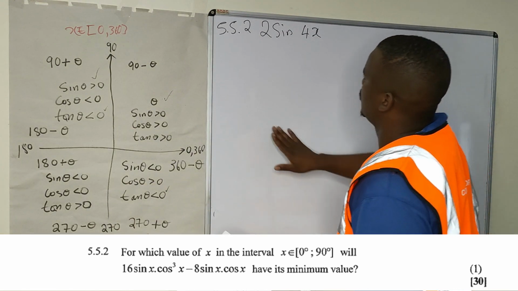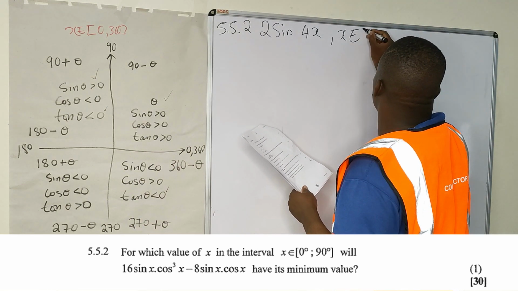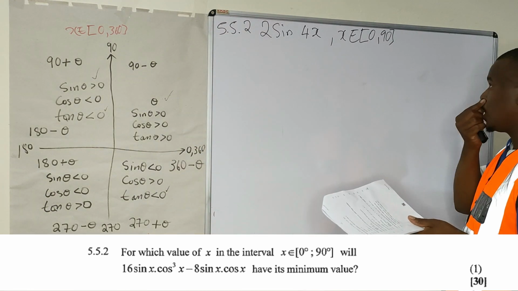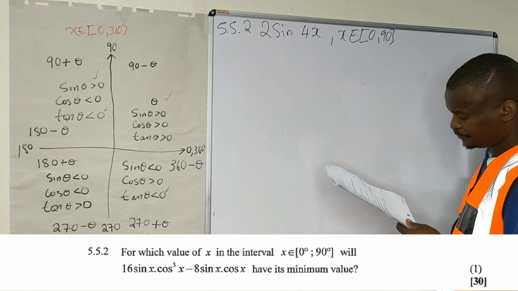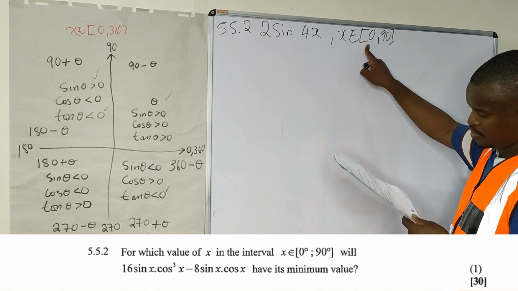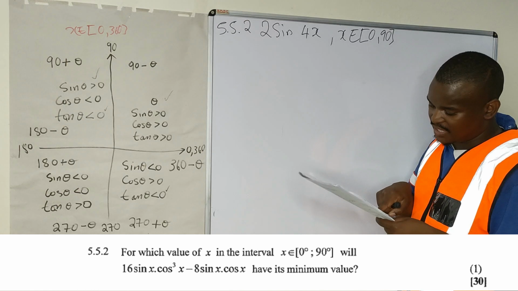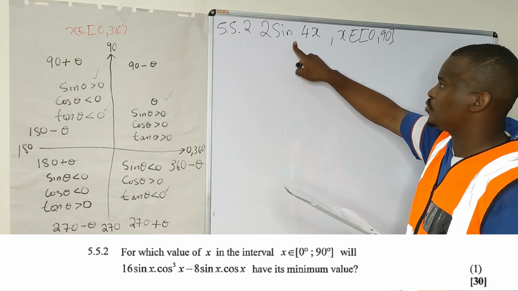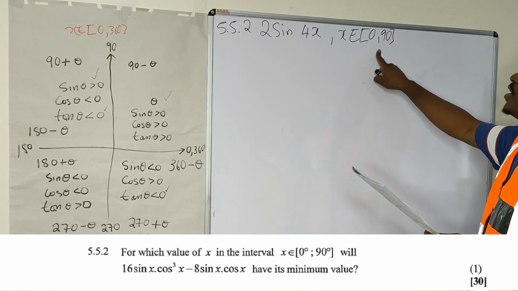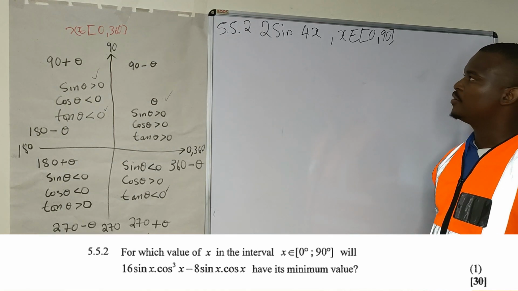So for which values of x on this interval will this expression have its minimum value? Because the long expression that they gave, we have simplified into this one. So they want to know for what values of x on this interval we are going to get a minimum value. So what is the minimum value of this thing?